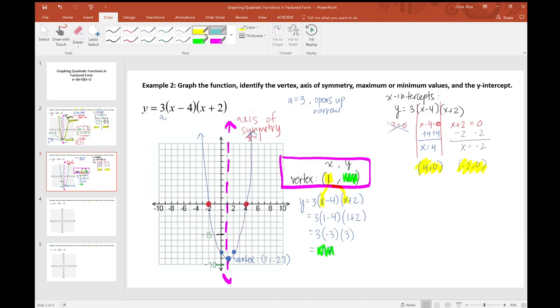Highlight it. Label the parts. We have our vertex, we have our axis of symmetry. The vertex is the lowest point, so we are going to have a minimum. And our minimum y value is at negative 27.